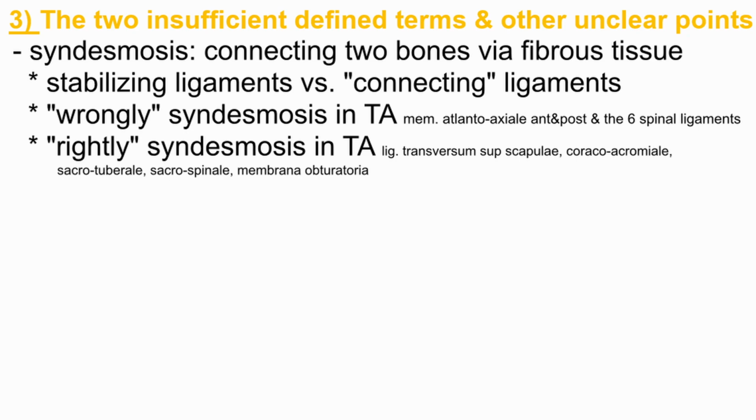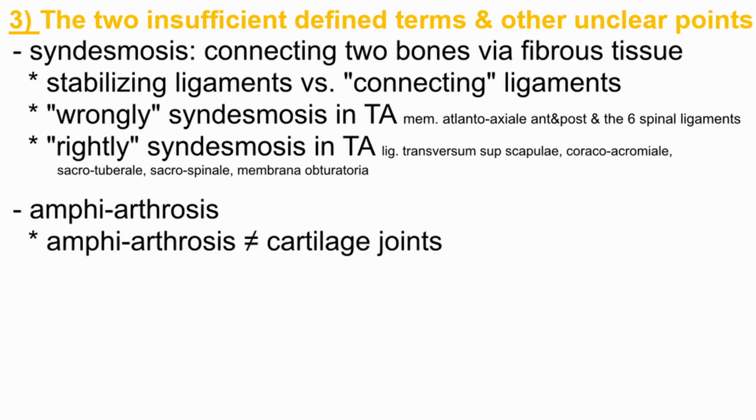It looks cleaner if the only syndesmosis of a human body are on the distal part of the upper and lower limbs. But if you like it better or want to be more precise, feel free to include the mentioned ligaments as syndesmosis.